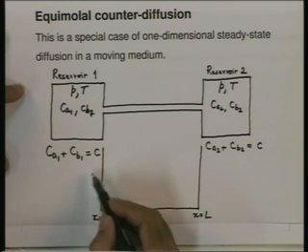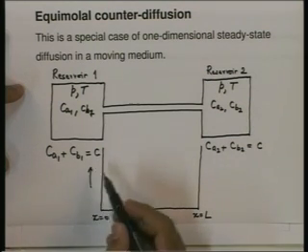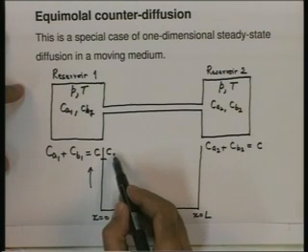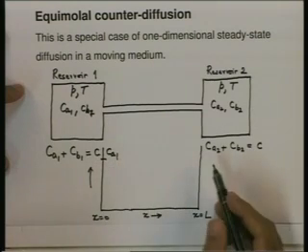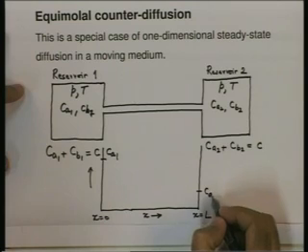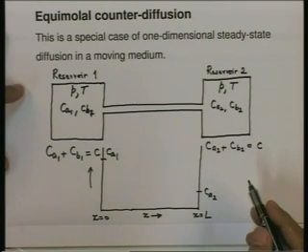Let us plot concentration on this axis, and let us say that the concentration of A, Ca1 in reservoir 1 is higher than concentration Ca2 in reservoir 2.